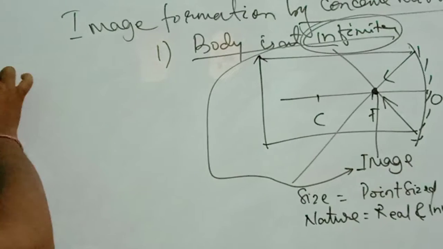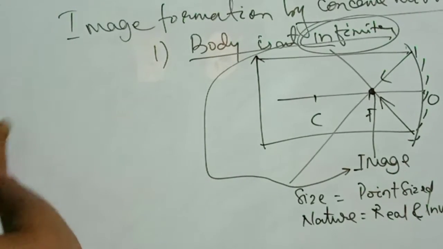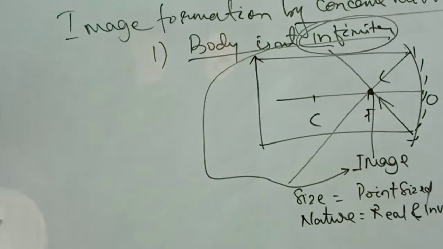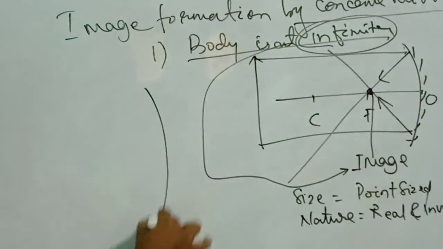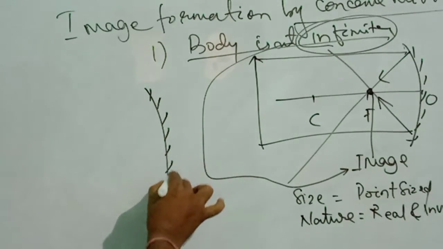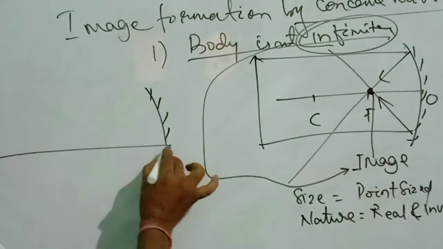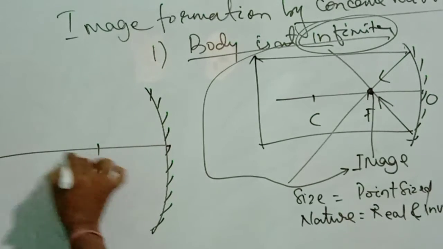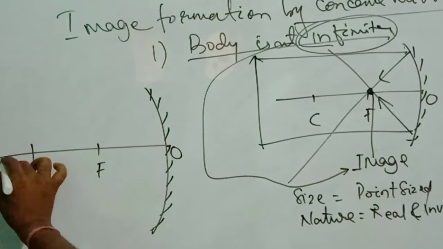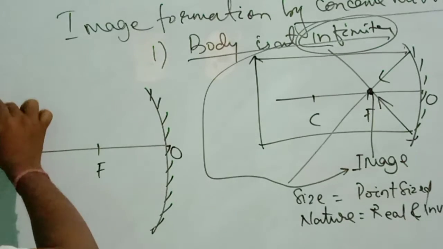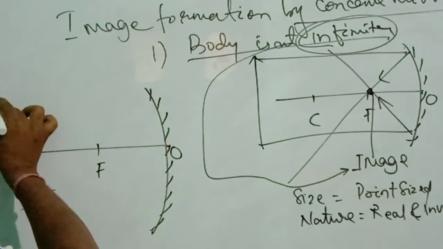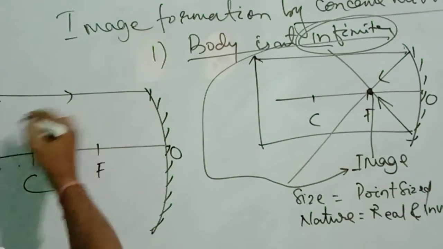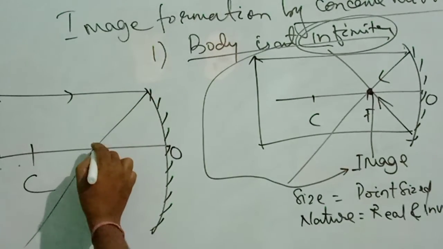Number 2, when the object is beyond the center of curvature. Suppose this is your F, this is your C, and the body is here, beyond the center of curvature, towards the left side. Now draw the rays. Number 1 comes parallel, and after reflection it goes through the focus.